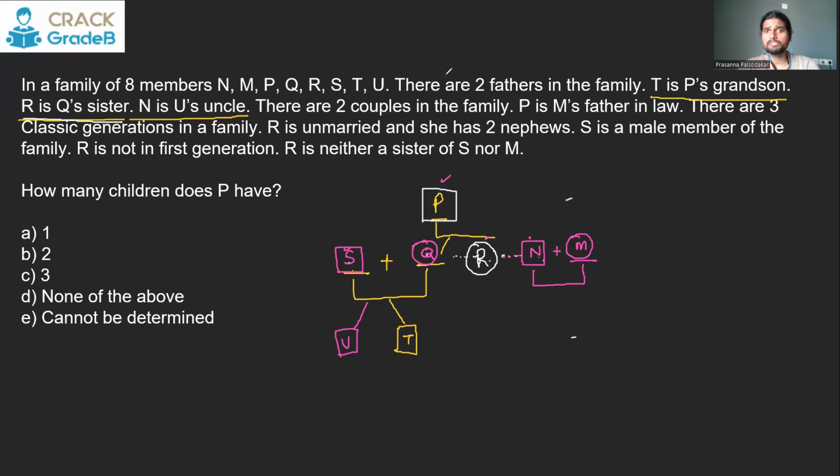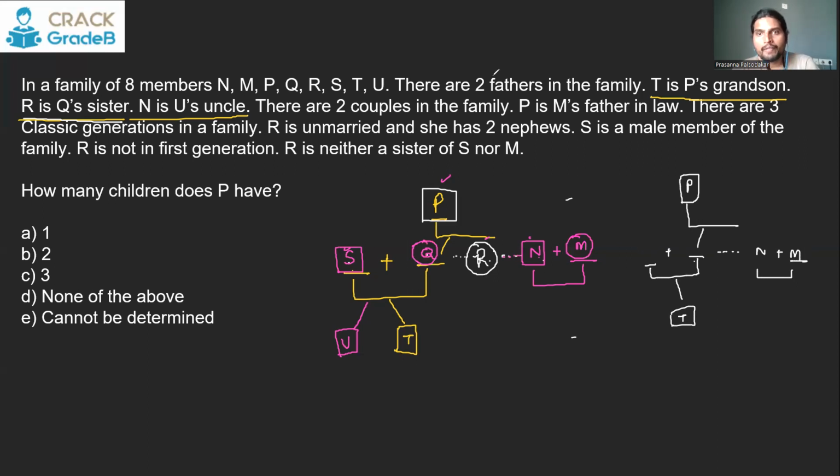If I go for another possibility, P is a person, P is a male, as we know, and T is his grandson. If we try to say that N and M are a married couple, because M can't be a sibling of R, so M and S have to be these two people.